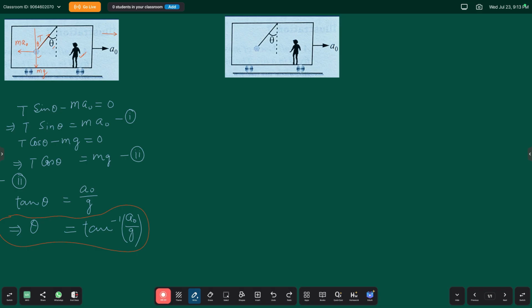The bob will shift to a location, and the total force acting on it at that time, when it is being observed from the frame of the trolley, that is the boy is observing it, will not be 0. It means the pendulum will not be in an equilibrium state.